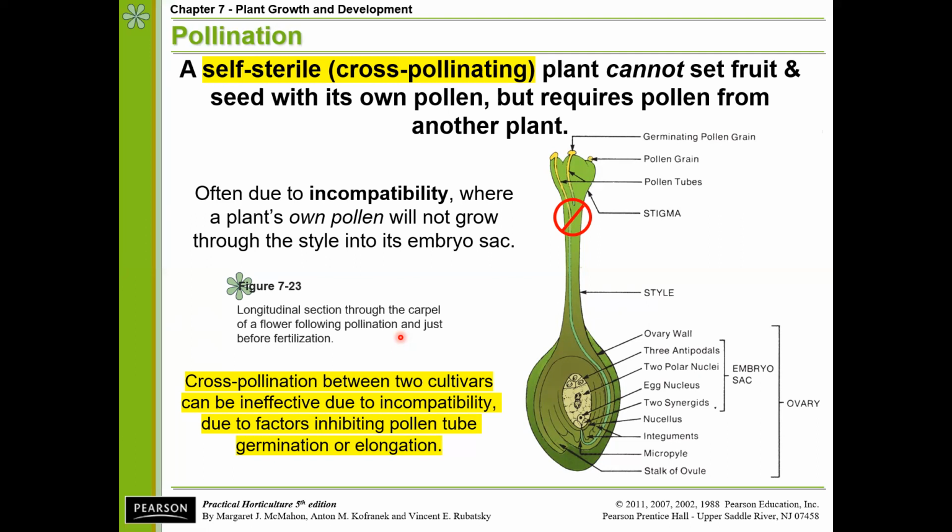And why does this happen? Why do certain plants do this? It's somewhat due to the plant's gene pool and its wanting to have a diverse set of genes, which makes them more adaptable and thus more survivable. But not all plants need that. And I should say that sometimes we can get cross-pollination with a self-pollinating plant, and that's usually due to an insect or something else messing up the process.